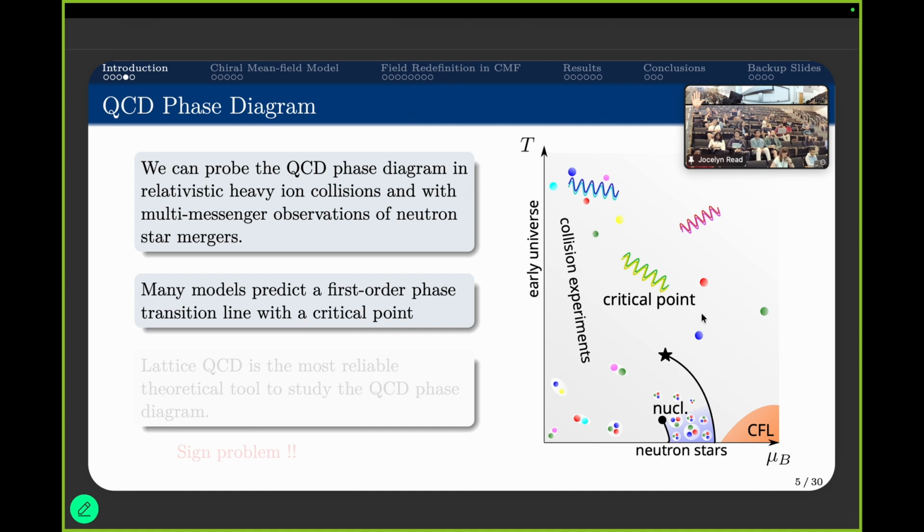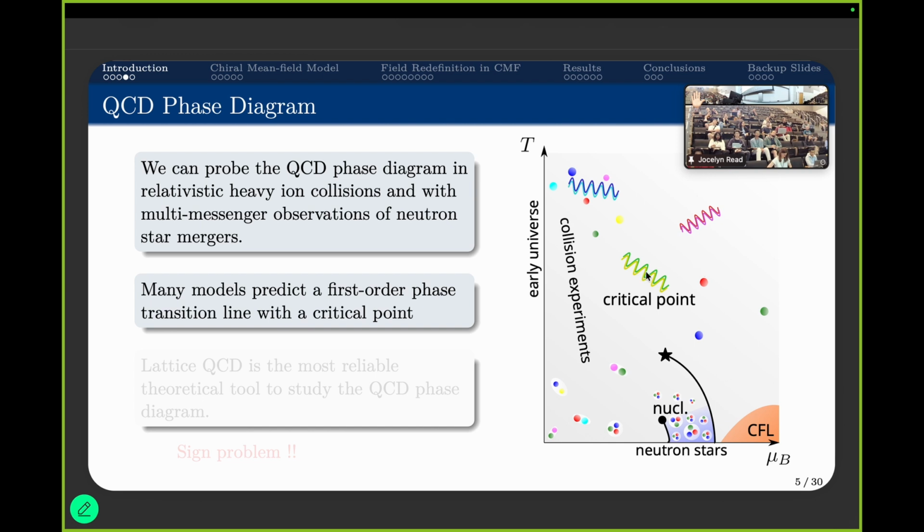Many models which describe QCD have predicted a first order phase transition line with a critical point. It states that the quark-gluon plasma regime and the hadronic regime are separated by a first order phase transition line which ends at a critical point, and after that critical point there is a crossover. So there is no distinct phase transition from one state to another.